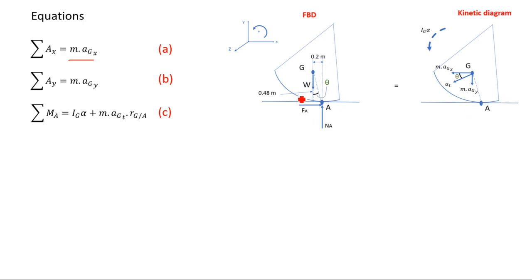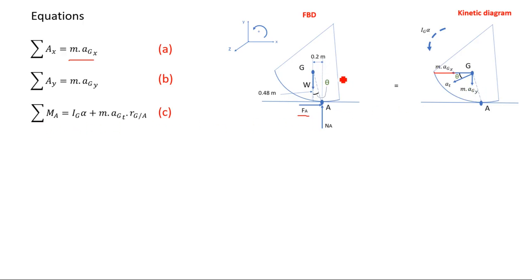So what we are going to do here, for the x direction, F_A is equal to m a_Gx. For the y direction, N_A minus W is going to be equal to m a_Gy.